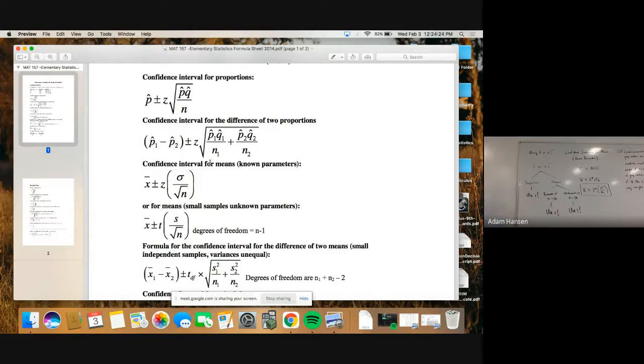In the t-score for the unknown parameters, I'm using the sample standard deviation as an estimate of the overall variability. In the known parameters, this sigma represents the population standard deviation. I no longer have to estimate the variability with my sample because I'm given the overall population variance. I don't have to estimate, that means less error. Less error means we have z-scores rather than t-scores. Does that make sense?